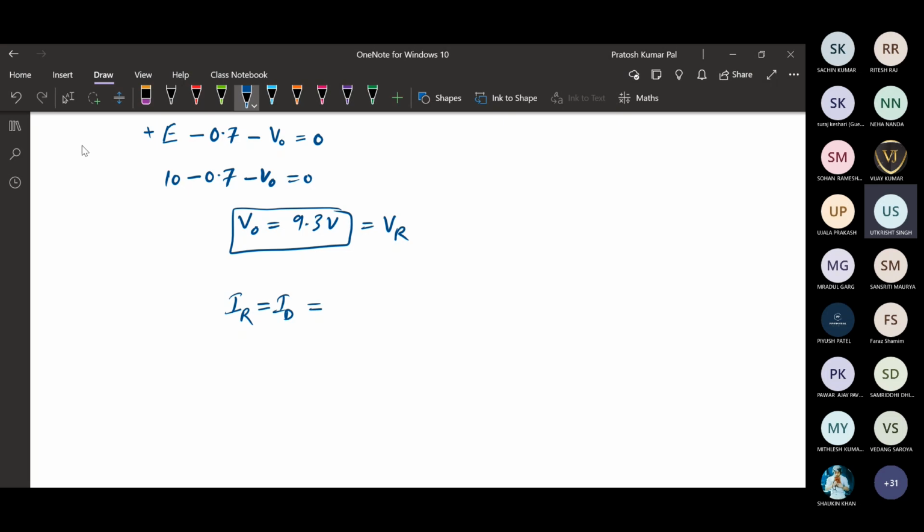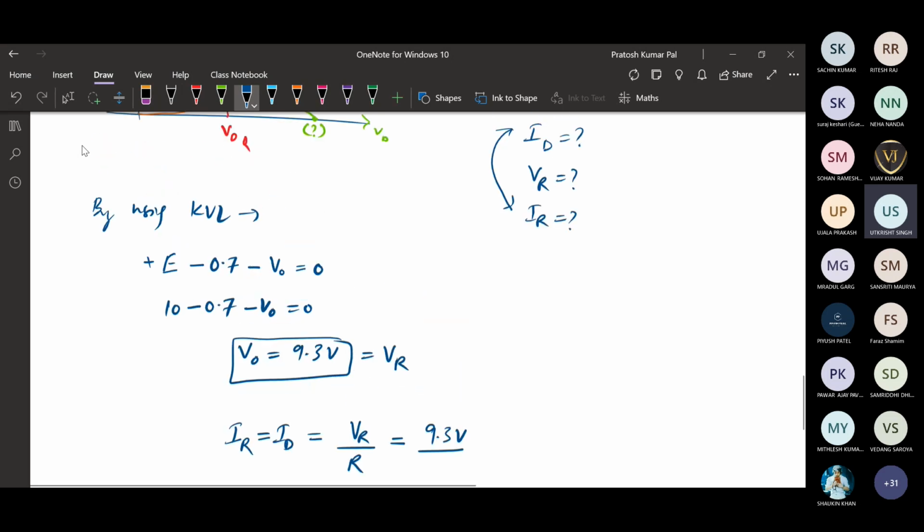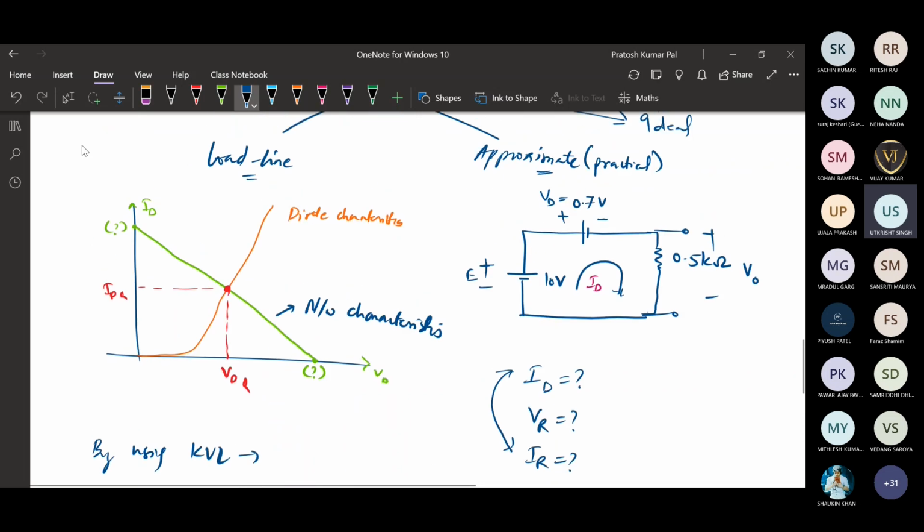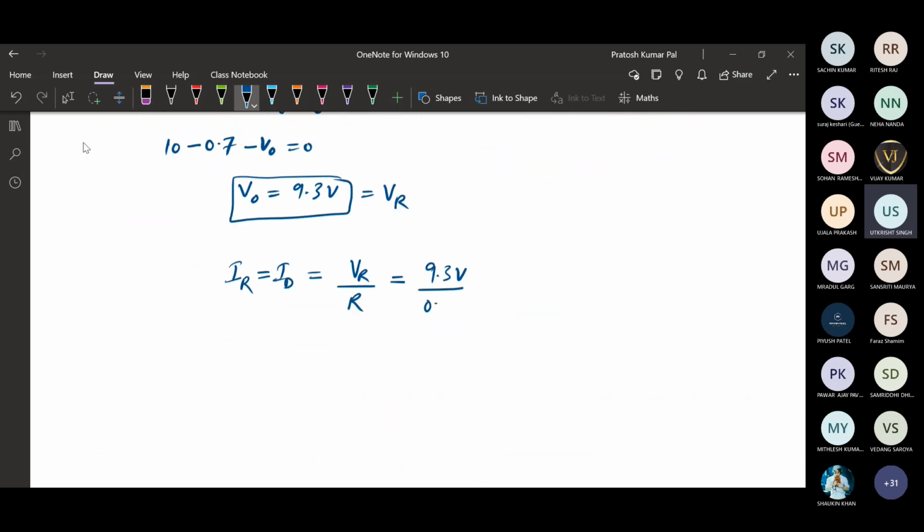The current flowing through the resistor is the voltage across the resistor divided by the resistance value. So this is 9.3 volt divided by the resistance value, 0.5 kilo ohms.